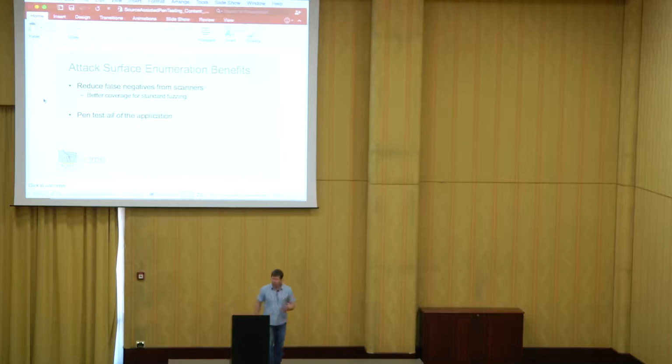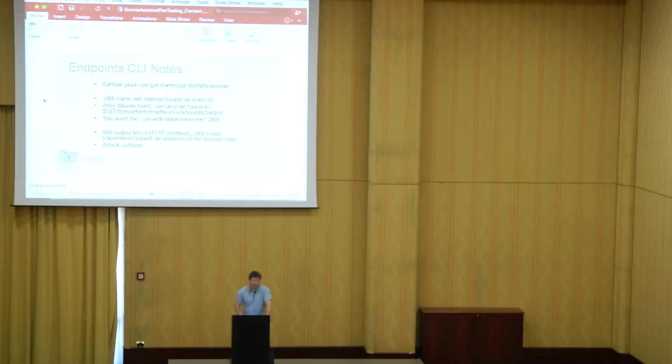So what we're trying to do here is make sure that we're penetration testing all of the application, that we know all of the endpoints that an attacker might find and try to exploit, because we want to see strong coverage of the application so that we feel like the automated testing that we're doing is covering sufficient ground.